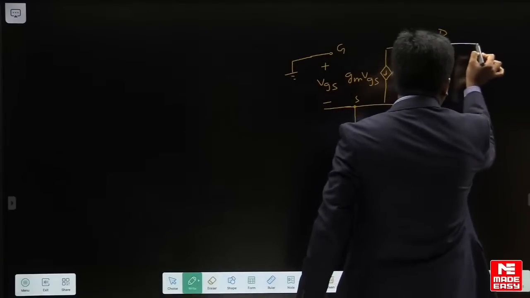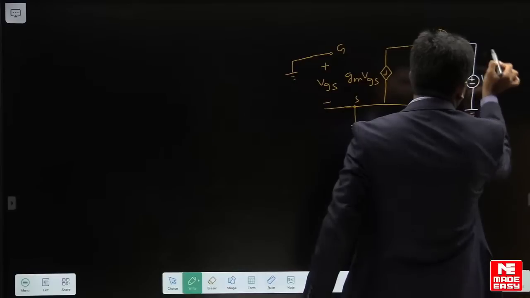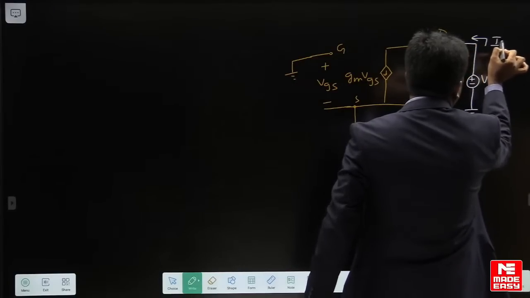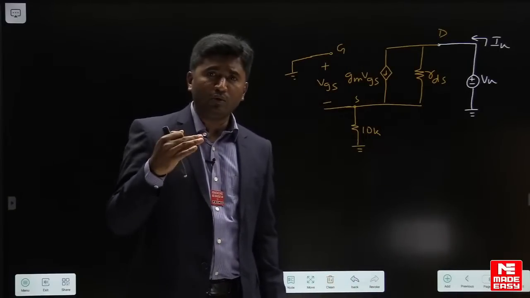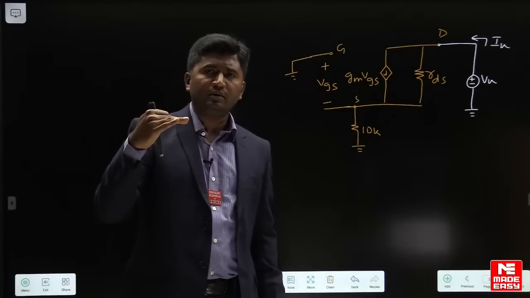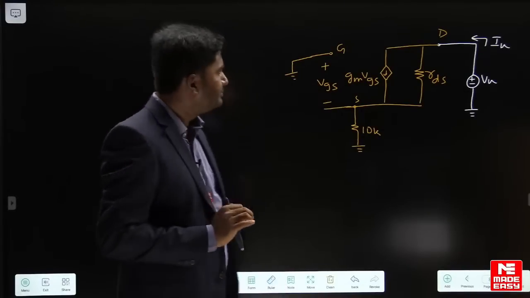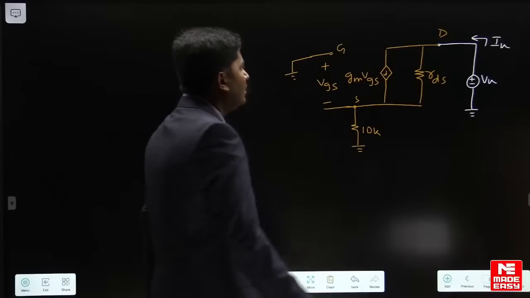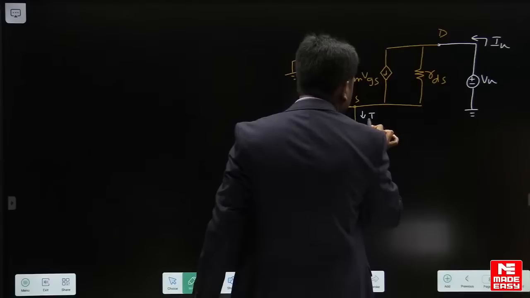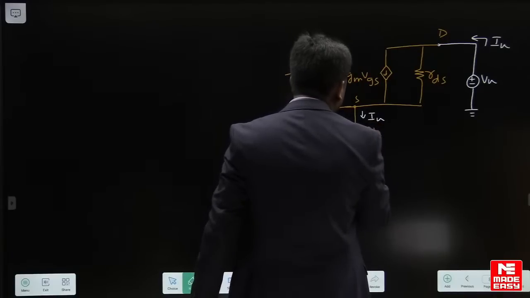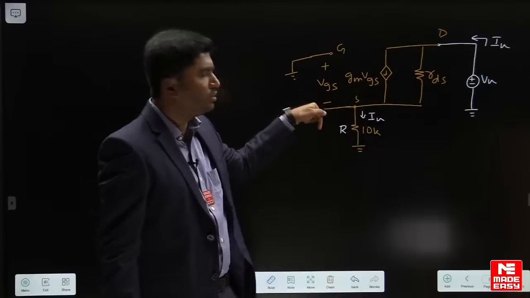So between drain and ground you apply a test voltage Vx in this way and assume here some current Ix. I am using standard approach that you learn in networks. If you want to know resistance between two terminals, then you apply some test voltage and find Vx upon Ix.